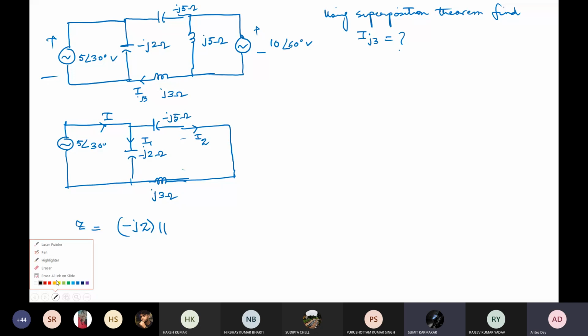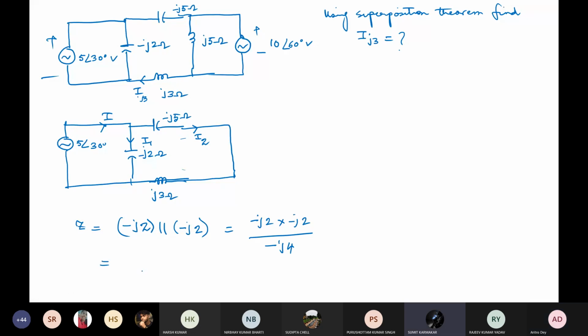How much then? Minus J5 plus J3 ohm. So it is again minus J2. So what will be the value? J2 into J2 by minus J4, right? So it will be minus J, isn't it?